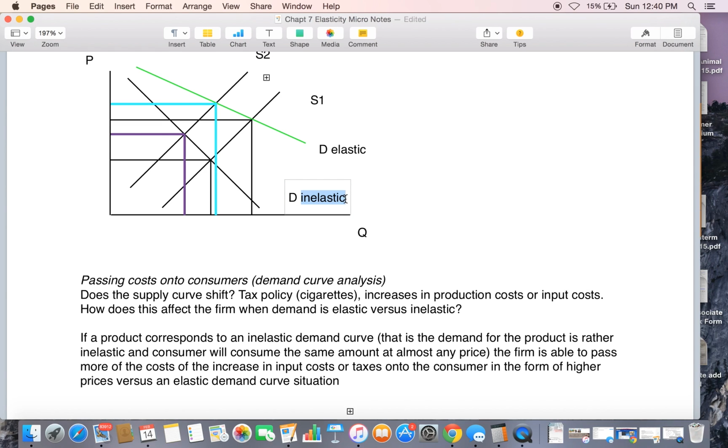An inelastic curve is a curve that has an elasticity less than 1. So the coefficient of elasticity of demand will be less than 1. If it's an elastic demand, this means that as prices increase, the consumer is just going to substitute away from the good or service into something else. And so the elasticity of demand coefficient is 1 here.